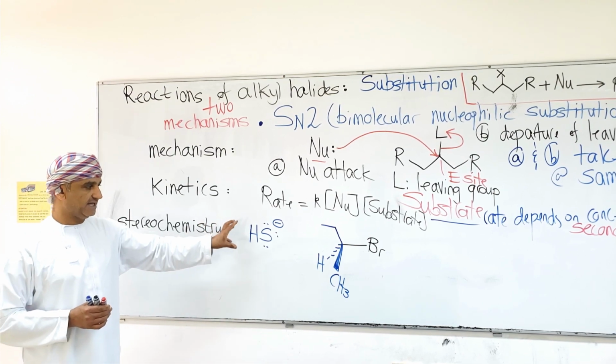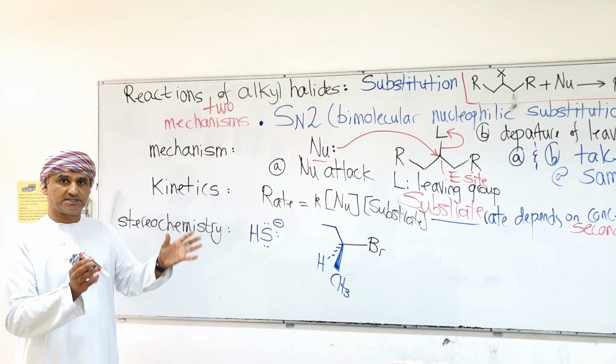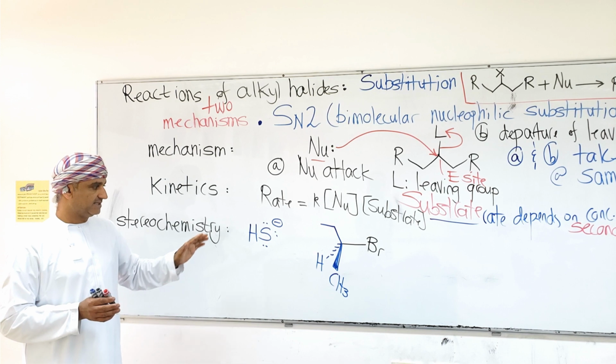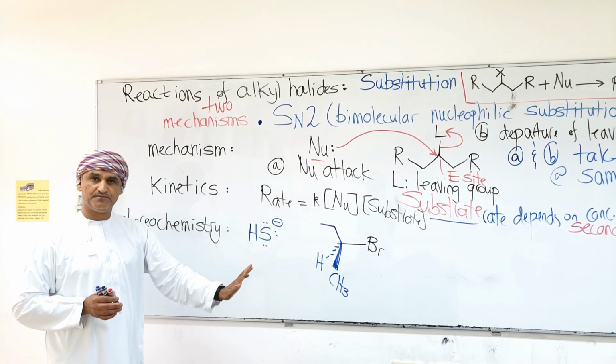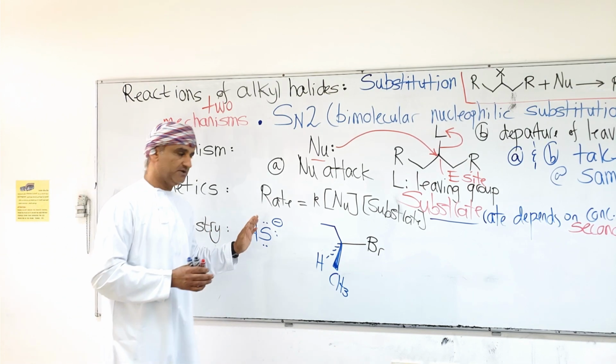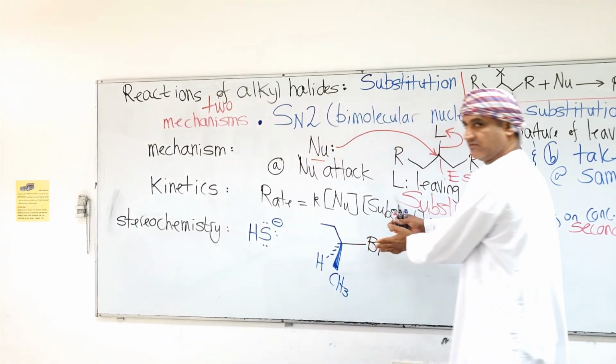So this nucleophilic attack has different modes of attack, if you like. It can attack from the top, from below, from the opposite side to the leaving group, or from the same side as the leaving group.